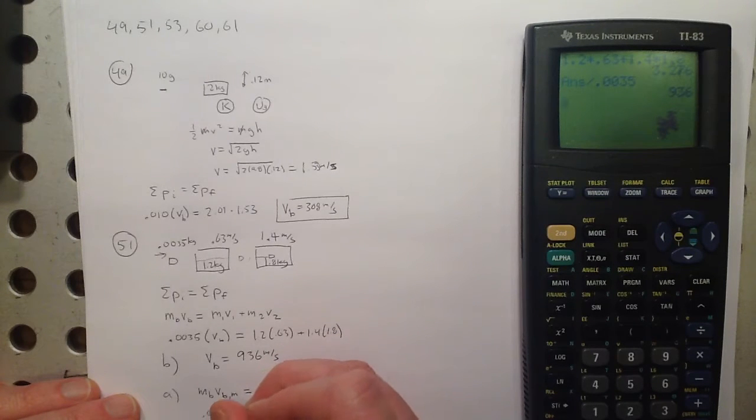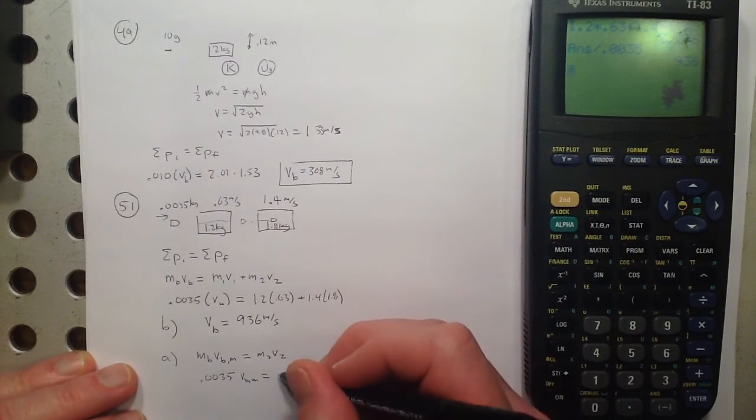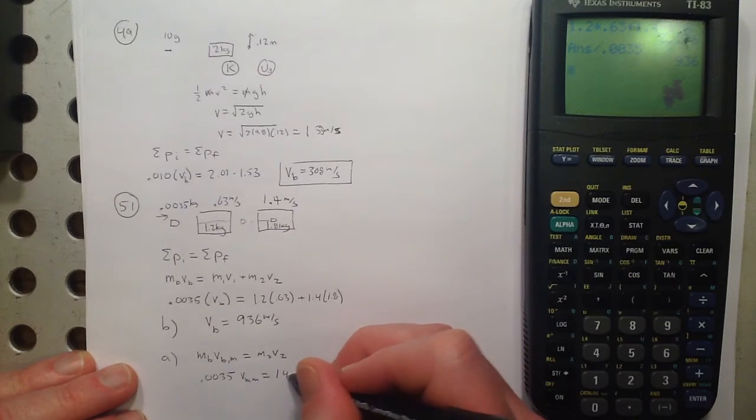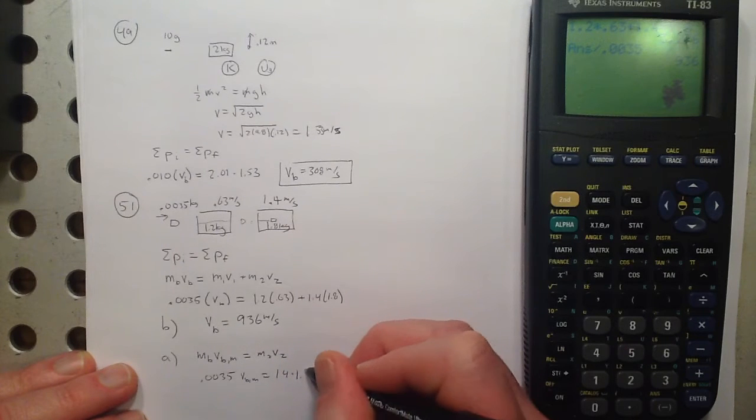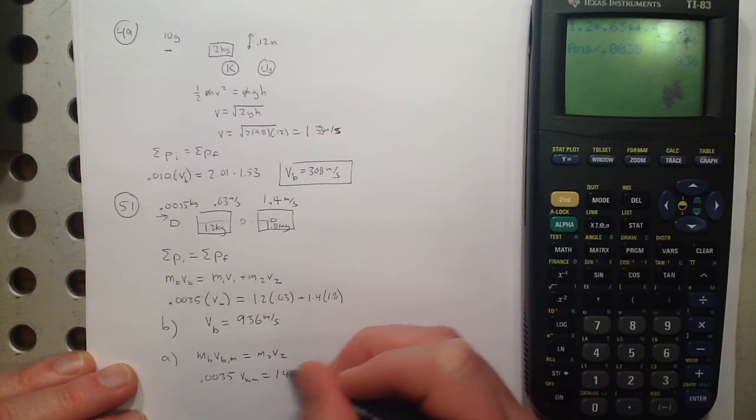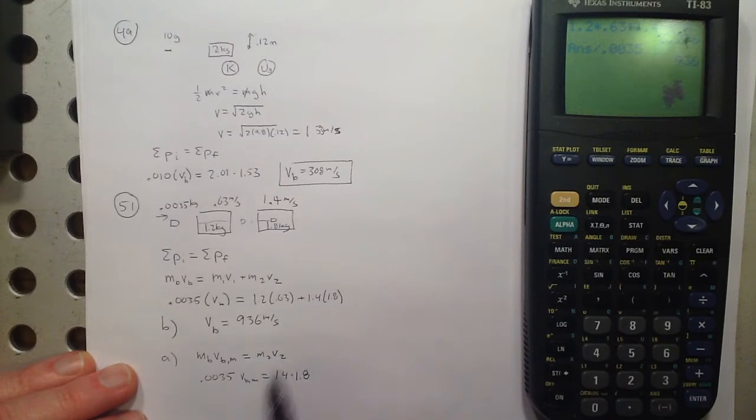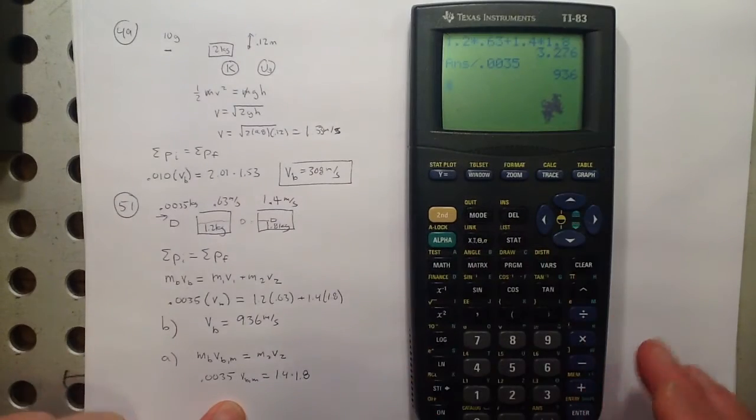So 0.0035 times, this is what I'm looking for, mass of block 2 is 1.8 times its velocity, 1.4. Oh, sorry, I got the mass and velocity the wrong way around there. I did velocity times mass, but hey, multiplication is commutative.